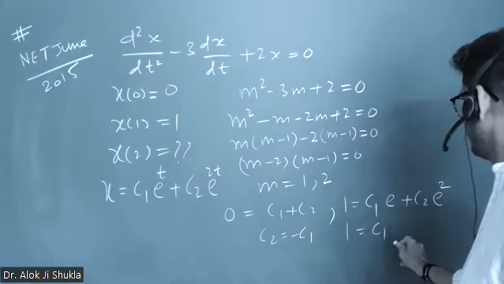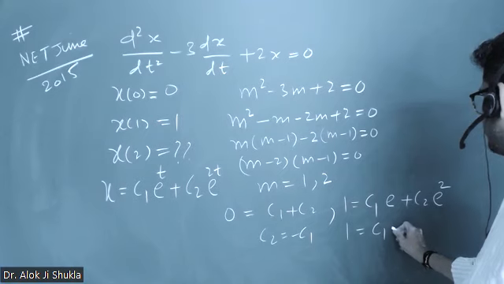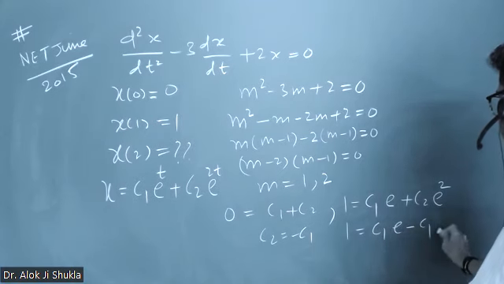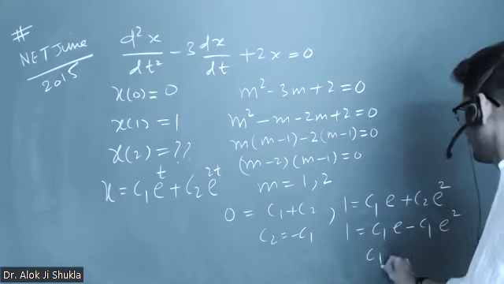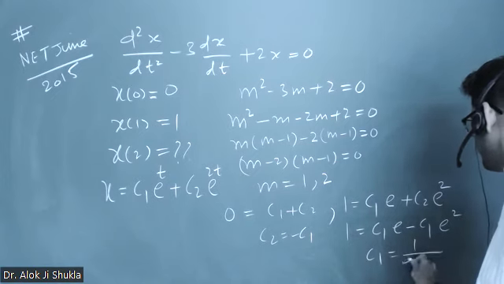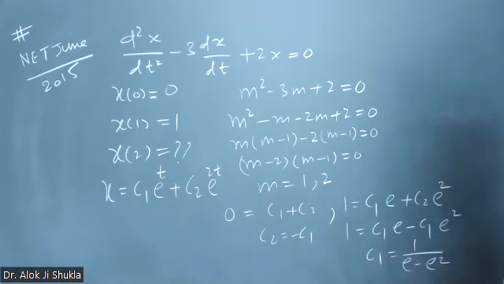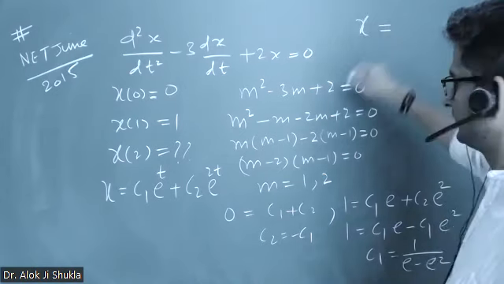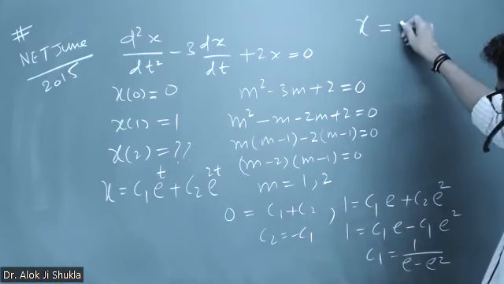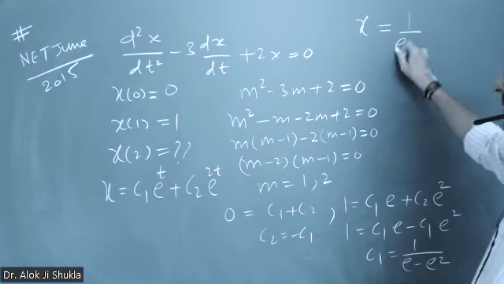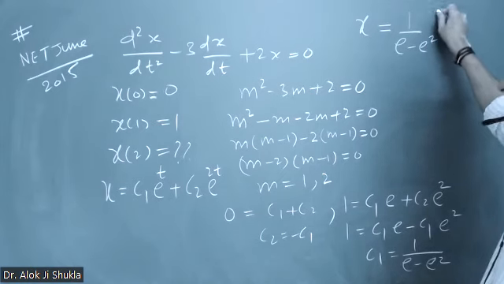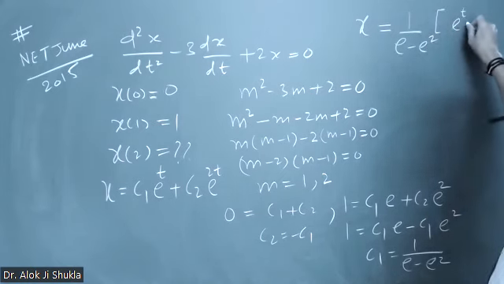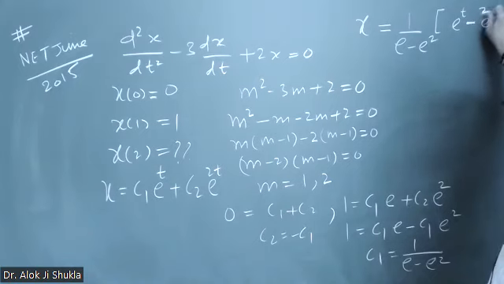So 1 is C1 e minus C1 e square. So C1 is 1 upon e minus e square. Now write the solution. So x is C1, which is 1 upon e minus e square, e to the power t minus e to the power 2t.